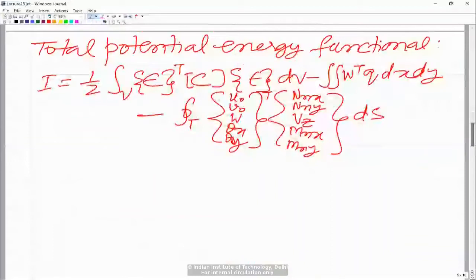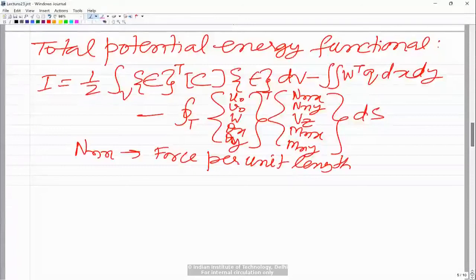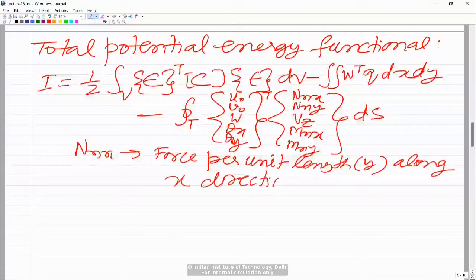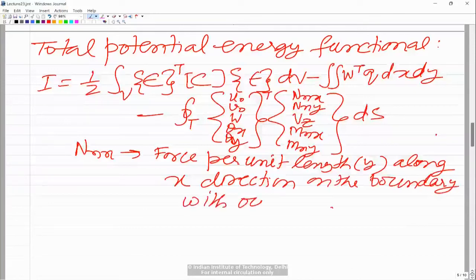Here if you look at these nnx and nny, let me define these quantities. So here nnx is the force per unit length, and that length is going to be the length along y, so force per unit length along x direction on the boundary with outward normal n.